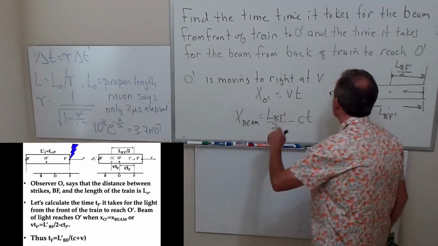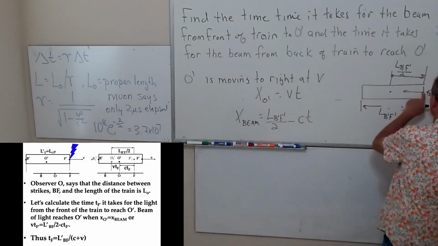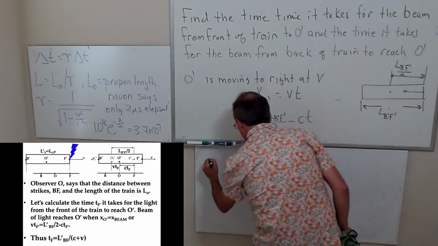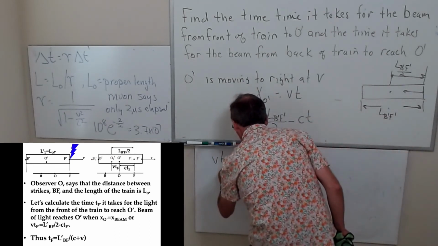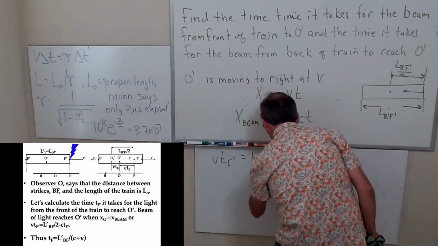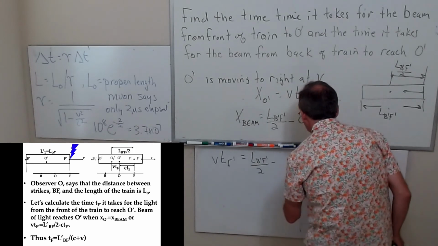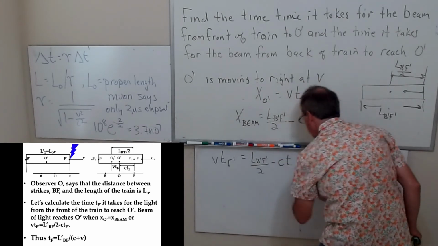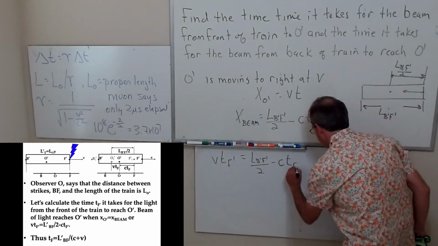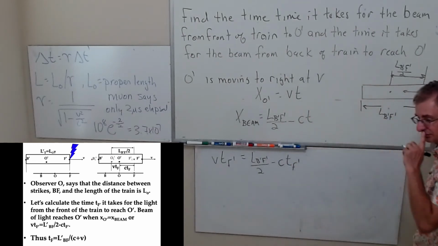You set them equal to each other at the time when the light from the front beam hits O prime. And I'm going to skip the algebra.